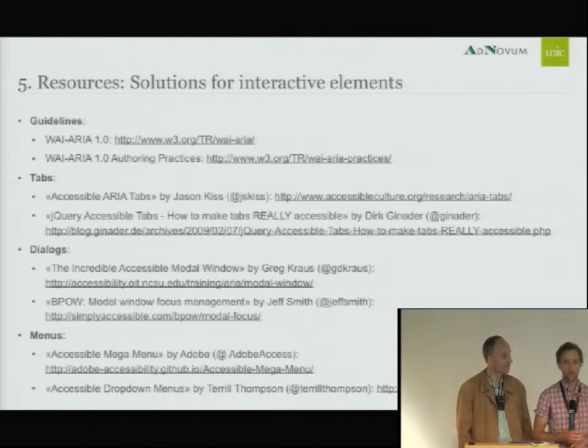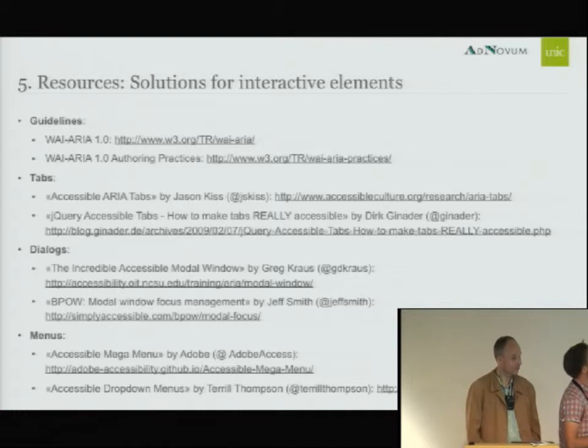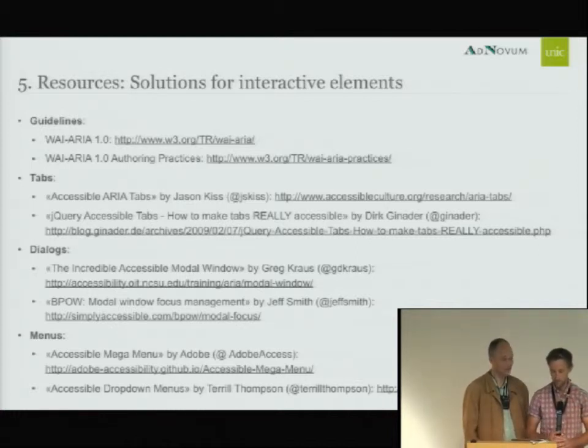And it provides a lot of approaches to make things like tabs or dialogs, mega menus and stuff accessible. And here you have some links, again, also on GitHub, for some approaches to those really difficult elements to make accessible. And that's it. Thanks for listening.